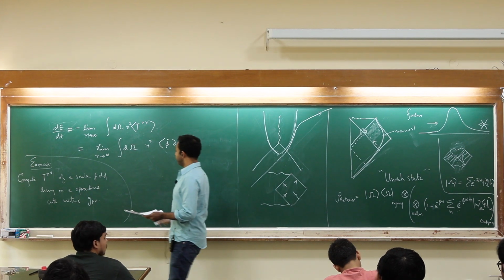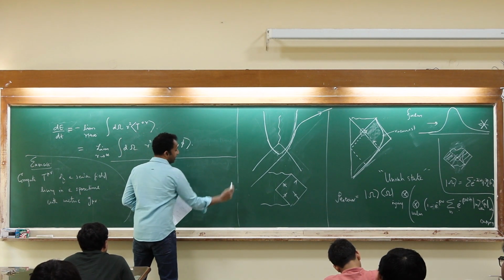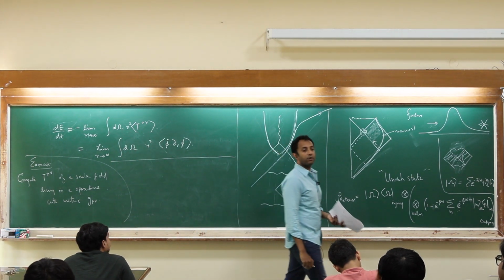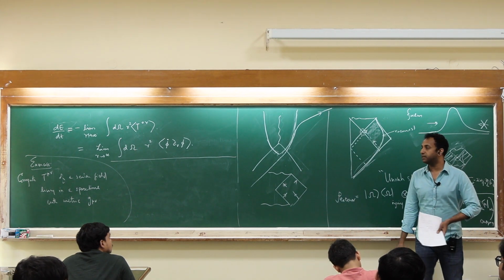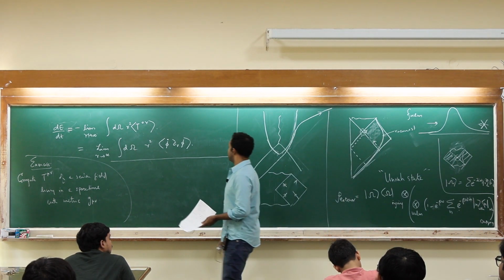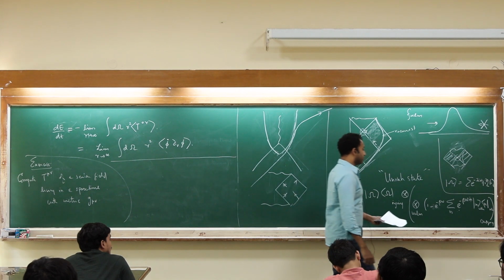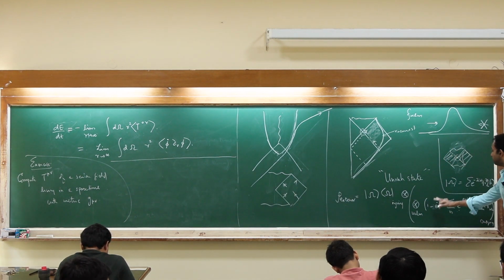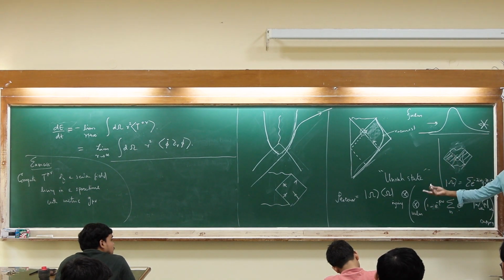The way we will compute this flux is that we will compute it for one particle state, and then for n particles we compute the expectation value of the number operator in this state, and multiply the flux of one by that expectation value. So that's what we're going to do.